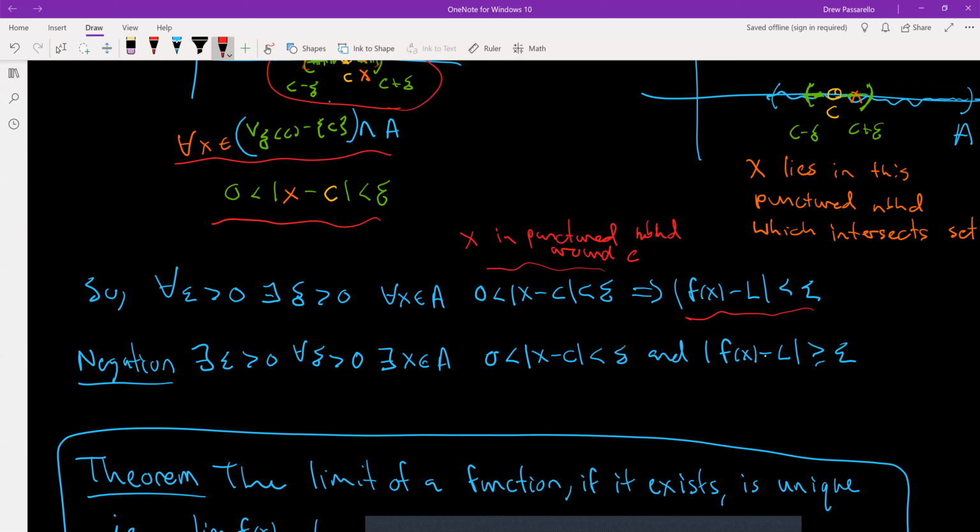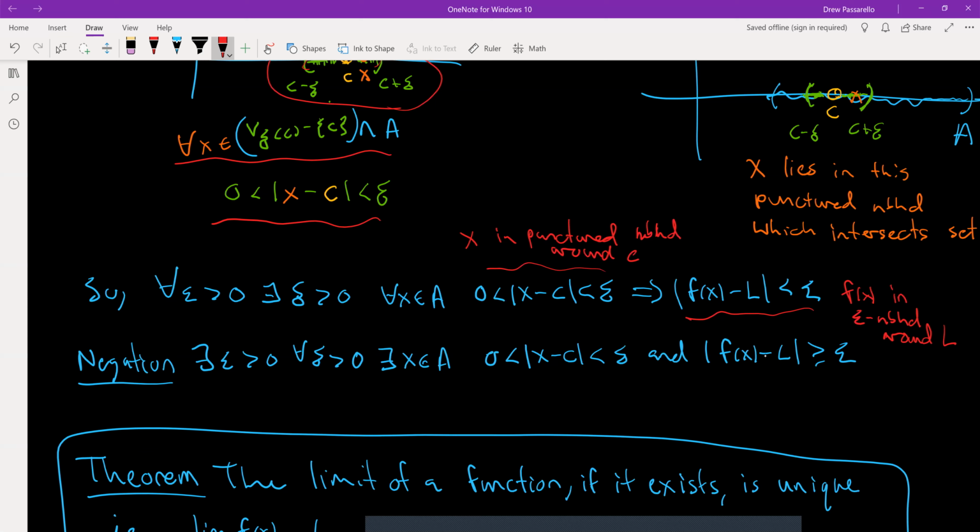So that means f of x is in the epsilon neighborhood around L. All right, and that doesn't have to be punctured.